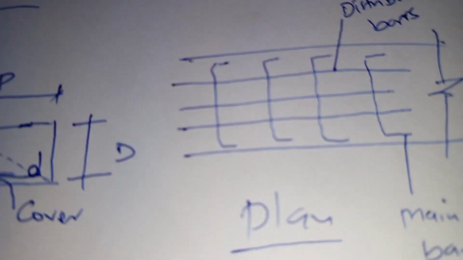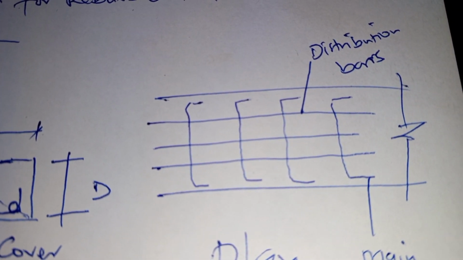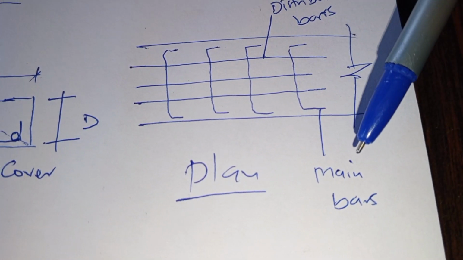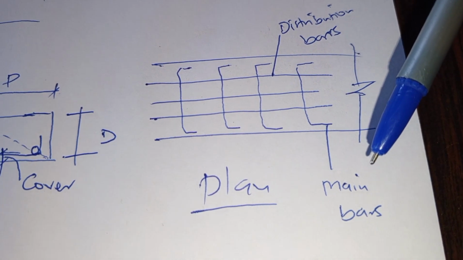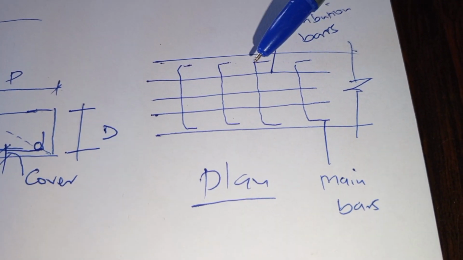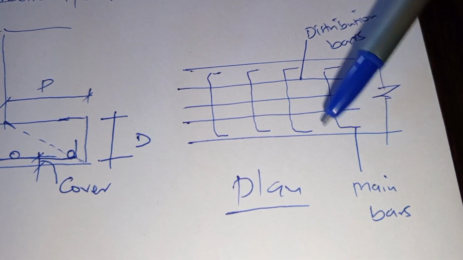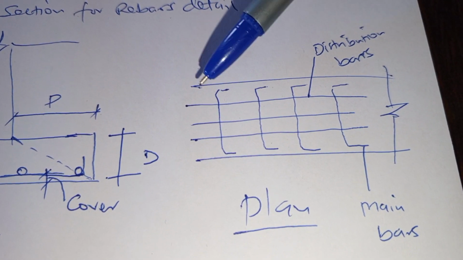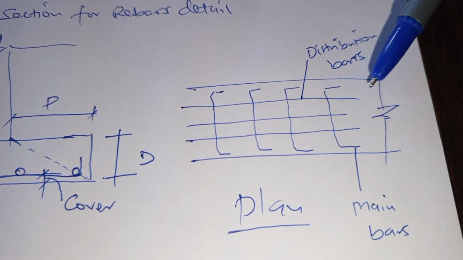It is the same way as we do the reinforcement detailing for the slab, whereby the main bars run along the shorter span, whereas the distribution bars run along the longer span.